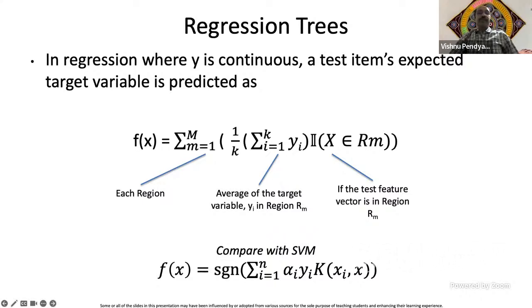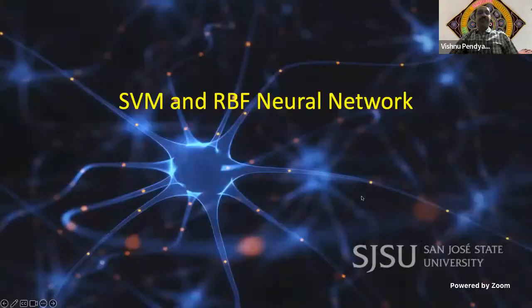That's how you do the prediction in regression trees. So compare this with support vector machines. Very similar, right? The only thing is that there are weights attached to the points. In this case, the weight was 1. This is an indicator function. It gives a 1 or a 0 if the point is in the region. But here we have a weight.